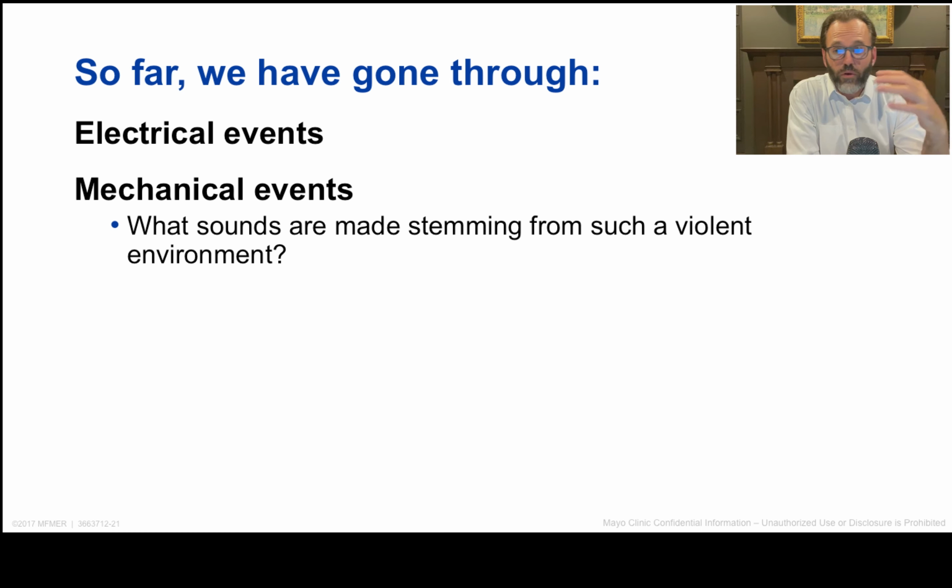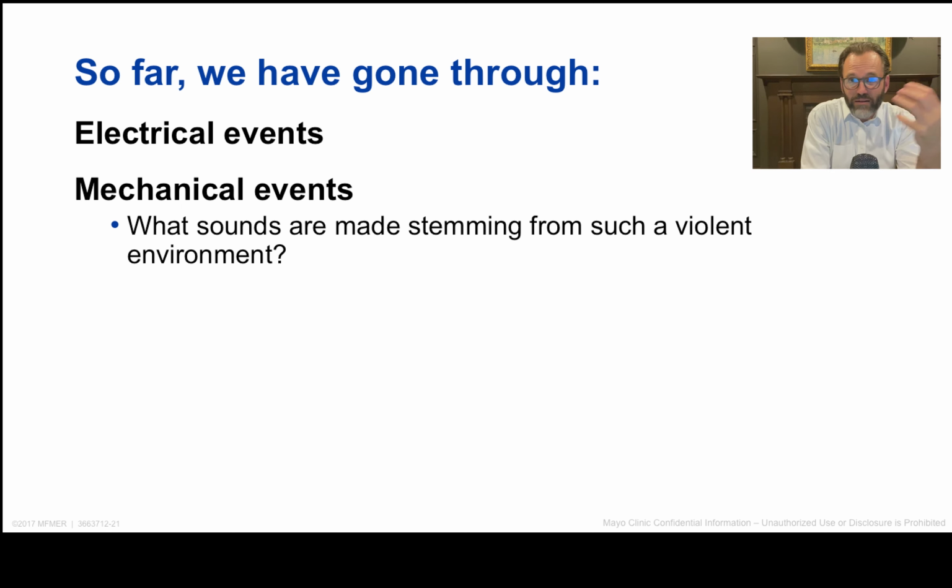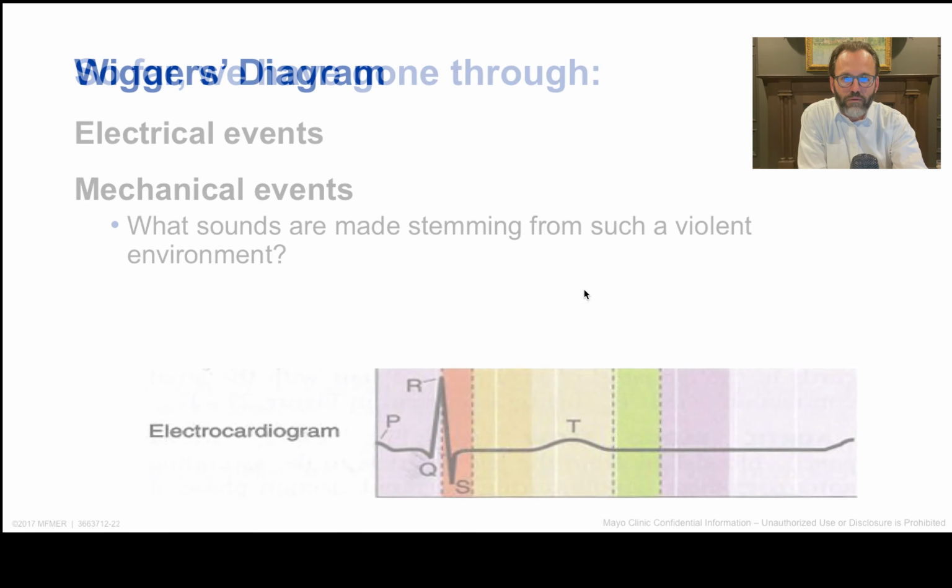So now we've gone through electrical events and these mechanical events, and it's interesting that the events occurring in the heart are sufficiently powerful to actually generate sounds throughout the cardiac cycle, in a very violent microenvironment.